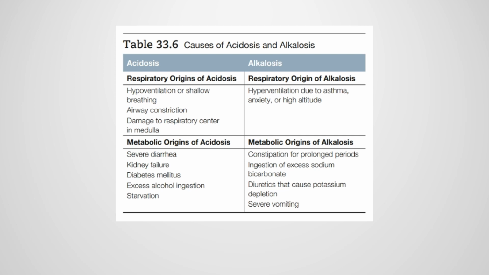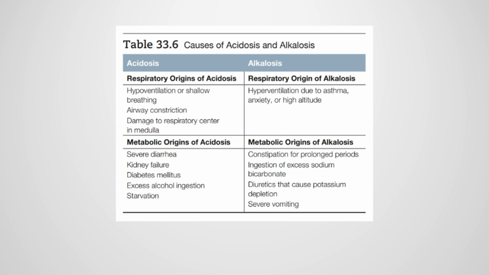So if you like making bicarbonate antacids at home, so you make your own solution and you drink tremendous amounts of bicarbonate, you will become alkalotic, a metabolic alkalosis. What about severe vomiting?